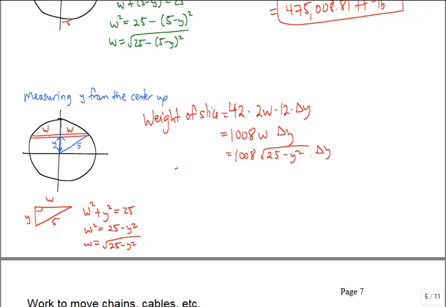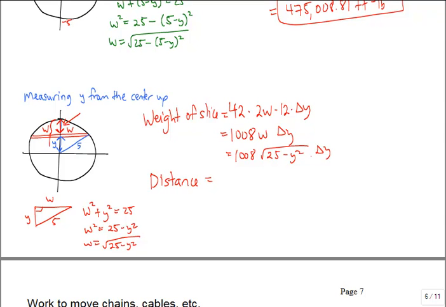Now if we define our weight and our y this way, then how much distance does this slice need to move? Now this is going to be a little bit different now, because if my y is going from the center up, how far does this red slice need to move from where it is right now to get up to the top of this gas tank? Well, if this is y, it needs to move this distance right here to go from where it is right now up to the top. So what is that distance?